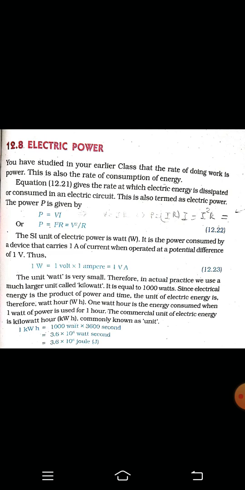If it is asked to you, 1 kilowatt hour is equal to blank joule, you have given the answer in Standard 9, right? 3.6 into 10 raised to 6 joule. Remember. So this is all about electric power and the units, the formulas, and about 1 unit or else 1 kilowatt hour.